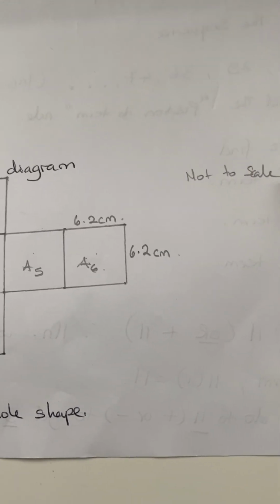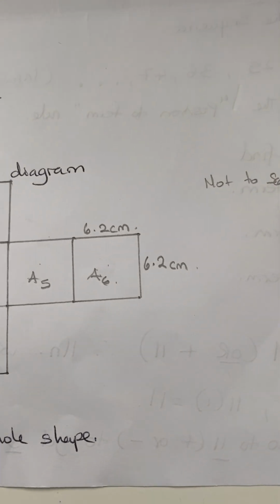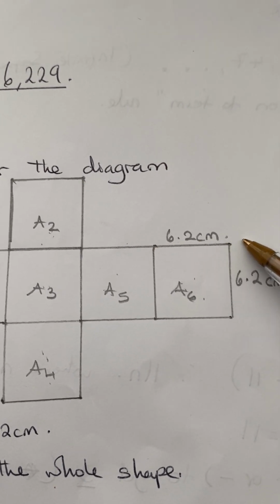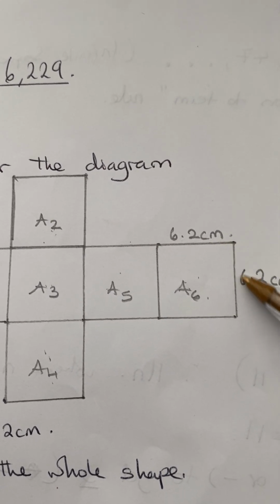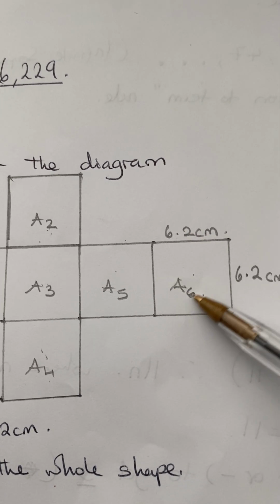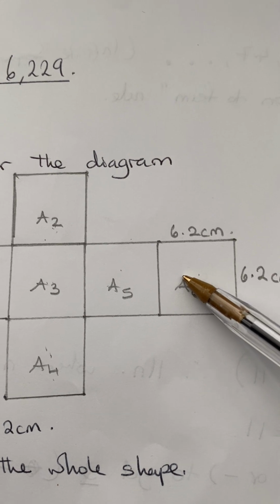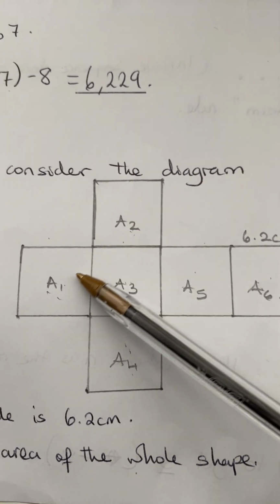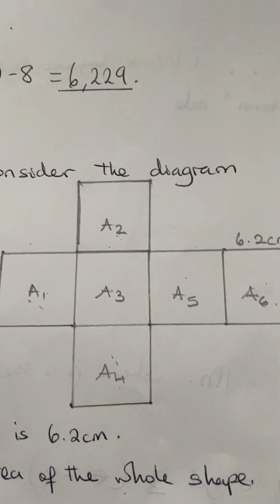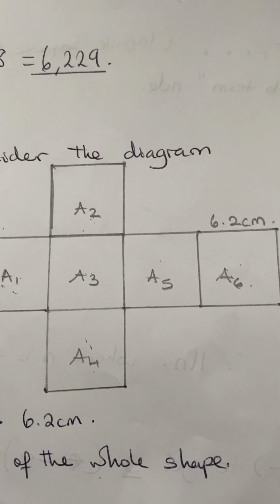This diagram is not to scale. So with the square, each side is 6.2 centimeters. So if I find the area of one square and I add them together 6 times, then I found the area of the shape.